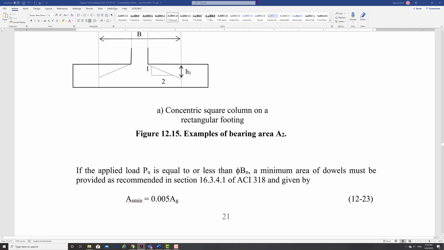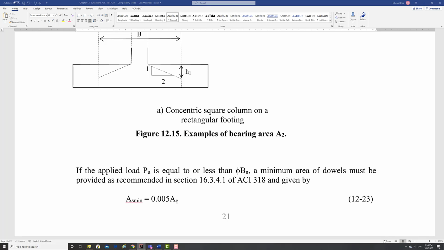Okay, the minimum area of bars that you need to pass through the column into the footing is given by this formula. Okay, and that's given in ACI section 16.3.4.1. Oh, this is kind of messy now, right? Going to 13, 22, 25, 16, right?